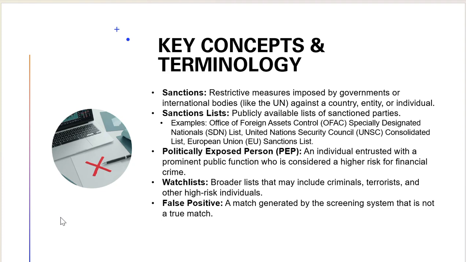While we are doing transaction monitoring, name screening, and payment screening, the system will generate alerts based on all the rules or logic applied. But most of them are false positives, and time, effort, and human interaction get wasted. So these are also the key terminologies in this area.